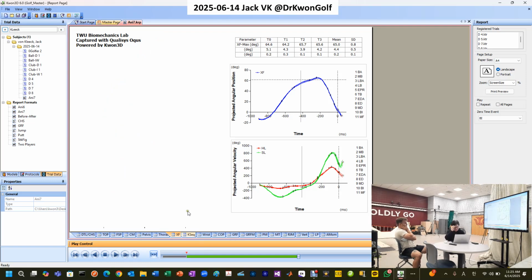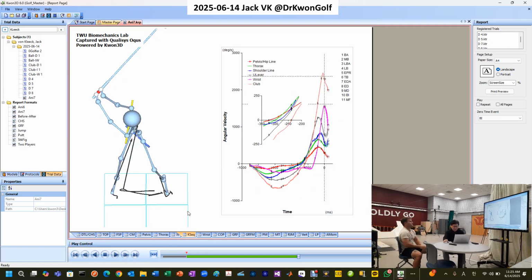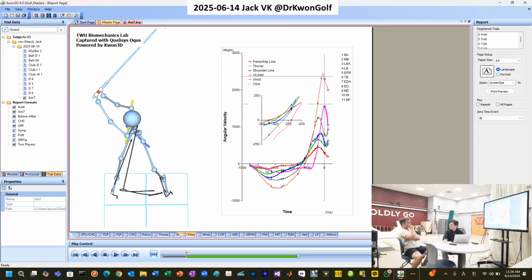The kinematic sequence here basically shows the angular velocities of your body segments. Okay. First, let's take a look at the backswing sequence. These peaks, the red line is the pelvis or the hip line. It reaches peak angular velocity here.